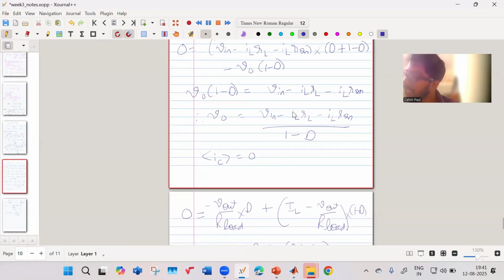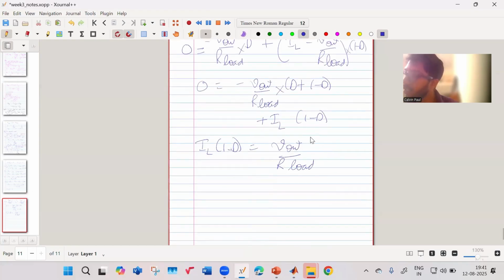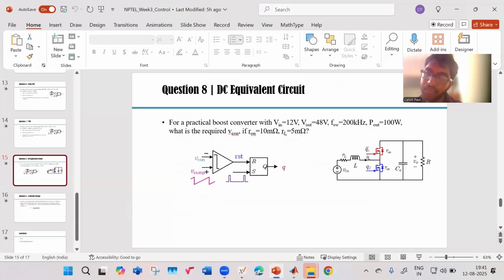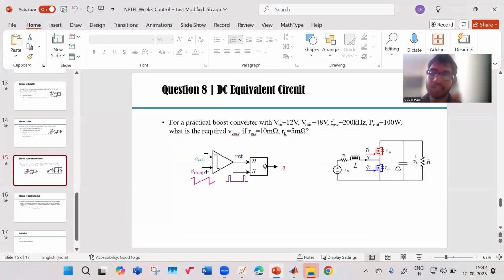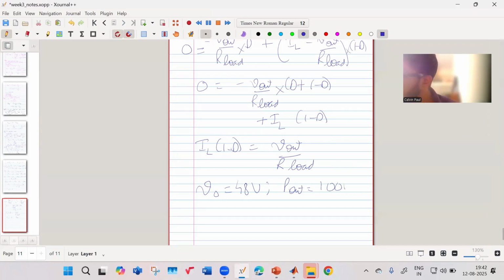IL is unknown, D is unknown, because V output is given as 48 volts, and my output power is given as 100 watts. That means my R load, which is P output upon V output squared, is 100 upon 48 squared. What is this value of R load?